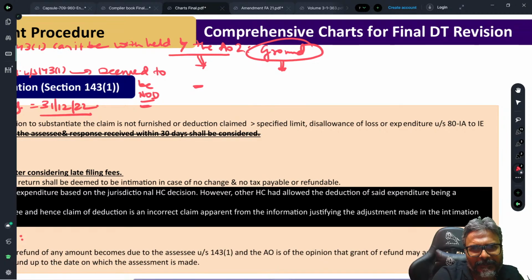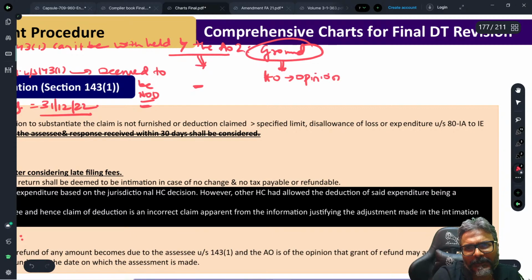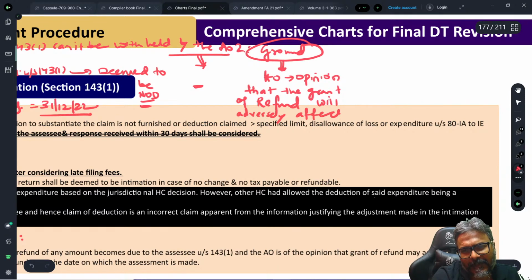The ground here is that the AO is of the opinion that the grant of refund will adversely affect the interest of revenue.